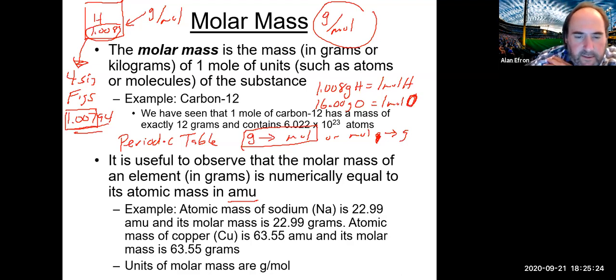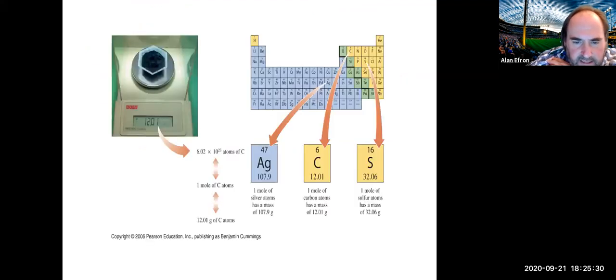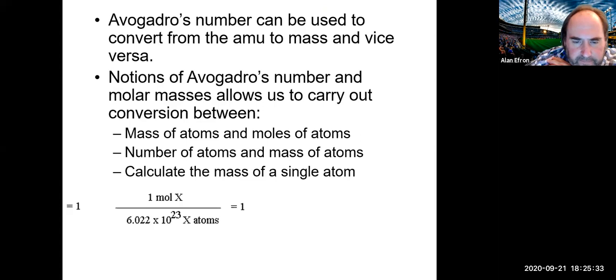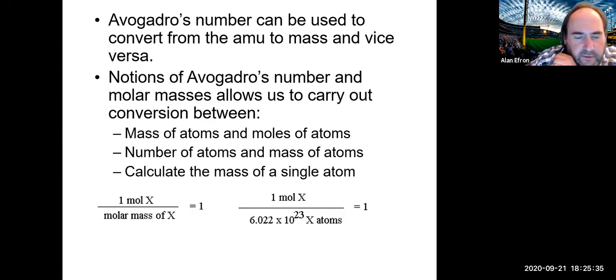All right, so let's take a look at some here and what we could do on some calculations involving these guys. We oftentimes will use these in calculations, like I said, pretty much as conversion factors, with your molar mass being your conversion factor, grams to moles or moles to grams. And again, your Avogadro's number in those cases where something about atoms is involved or molecules, that's when you want to use it.